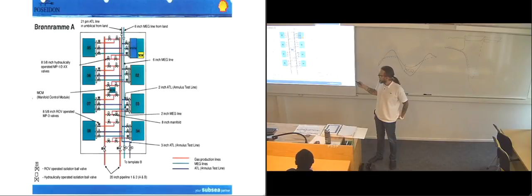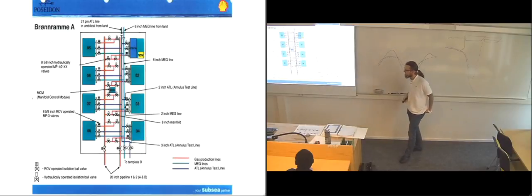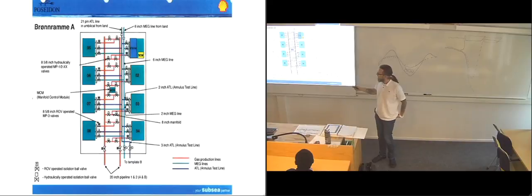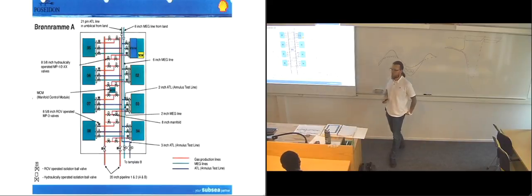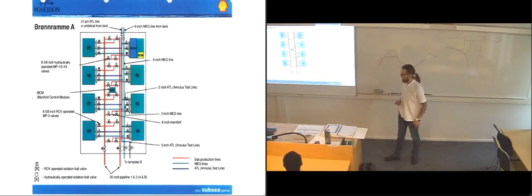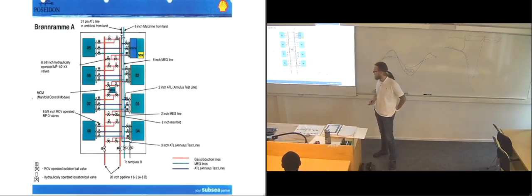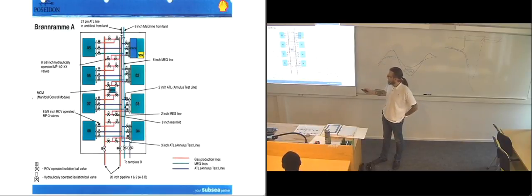I think they've dropped showing the control modules on the others, but here you have all 8 Christmas trees shown, and then you have all of the valves inside the manifold part of the template shown here. So everything is being connected, run through. You can see the red ones are the gas production lines, and you can see they are all connected together, but they're separated with valves.